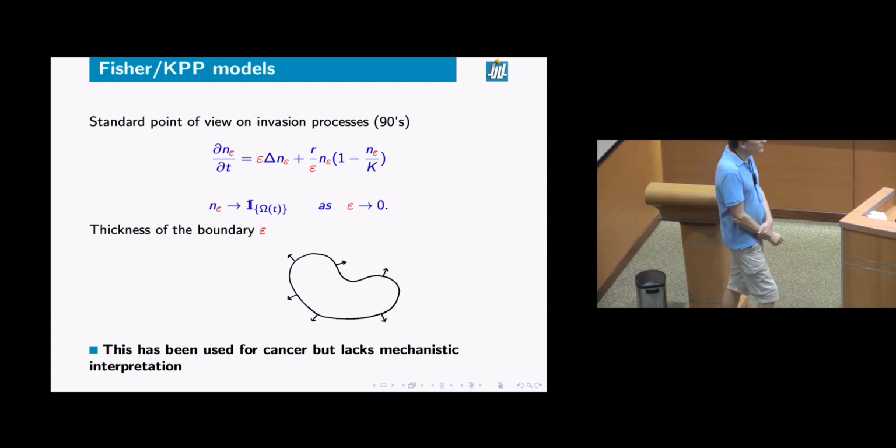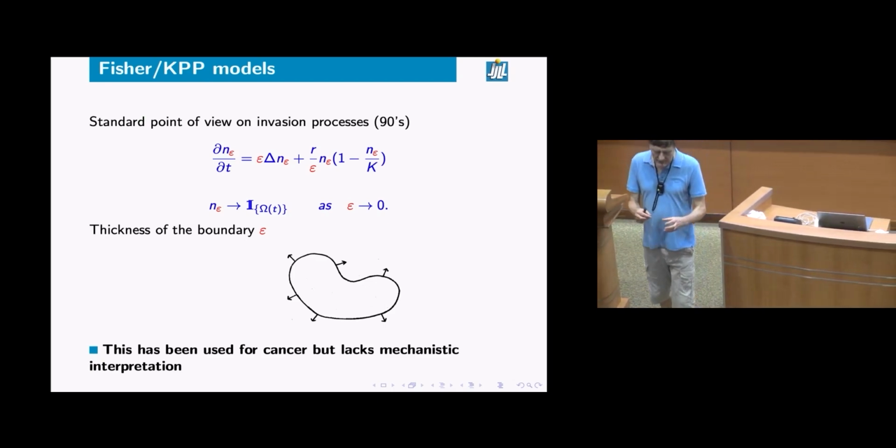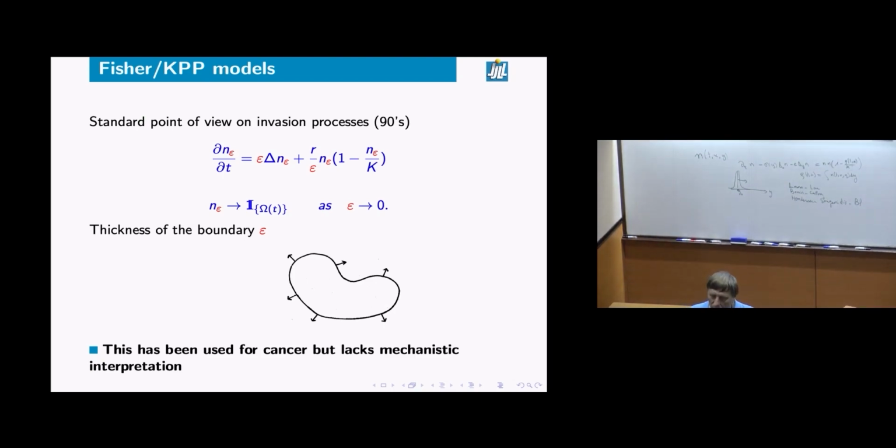No, not really. I can show you pictures. No, not really, because what they do in experiments, you have spheroids or an inoculum, where you put the cells in the center of the dish, and for a while you see the propagating front and it doesn't touch a boundary. So for the time scale of the experiment, you don't see the boundary.